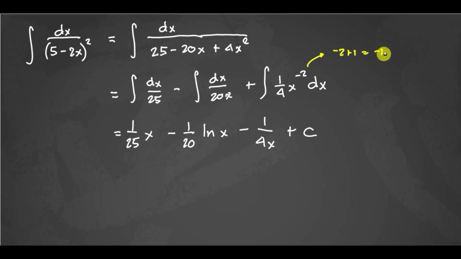So taking the reciprocal, since it is equal to 1 and there's a negative sign here, that will become negative, multiplied by 1/4, and x to the power of negative 1, which is also equivalent to 1 over x. Thus, our answer is negative 1 over 4x.